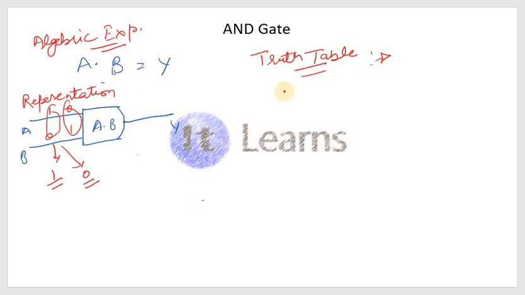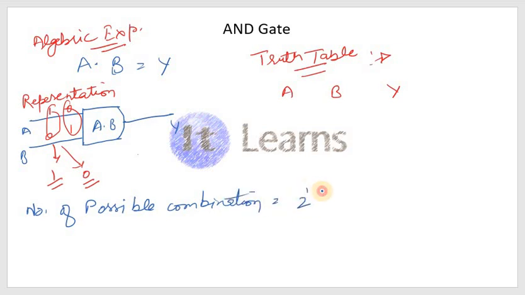So what are the possible number of outcome combinations that can be there? To determine them, we have a formula that is 2 raised to the power n, where n equals the number of inputs available.